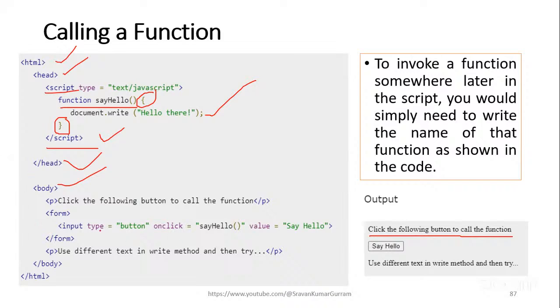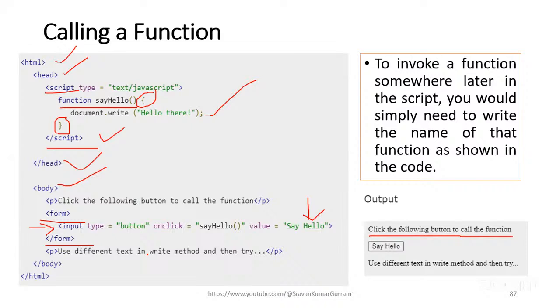Then what is this form tag? Just creating the form within the page. Now this is very important. See, input tag. Input tag is used to create the components in HTML.